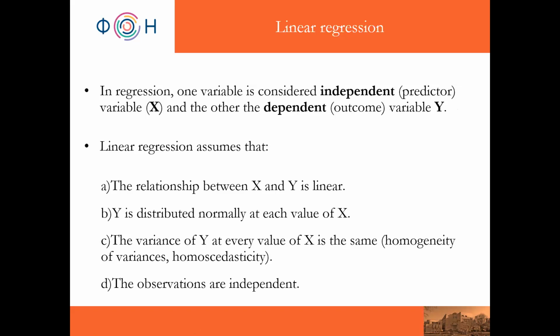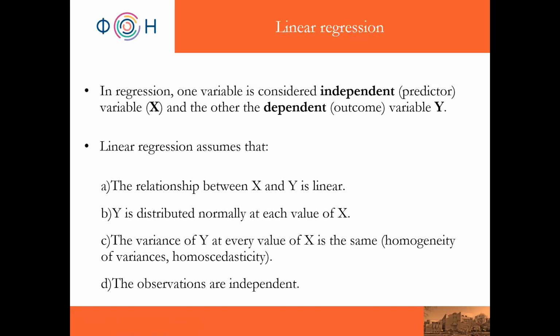Also, in the lines below, we have some assumptions of the linear regression. The first assumption is that the relationship between our dependent and independent, or more independent variables that we have, is linear. So sometimes it is pretty nice, before conducting a linear regression, to explore the dependence, just to see whether the relationship is linear or curvilinear.